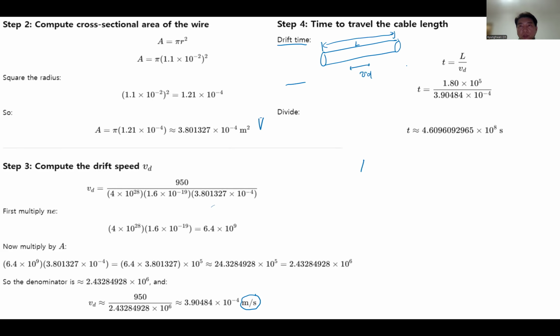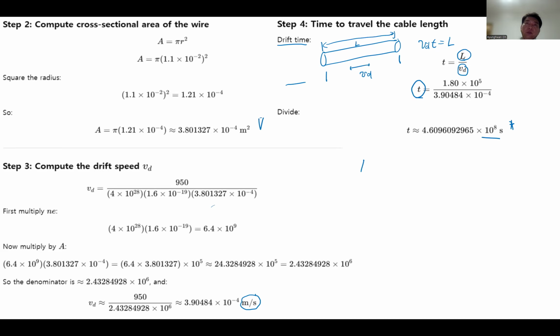The time it takes from here to here will be distance divided by the velocity. In other words, vd t is going to be L. So time is obtained by this formula, and then you will get this many seconds. Okay? That's the answer.